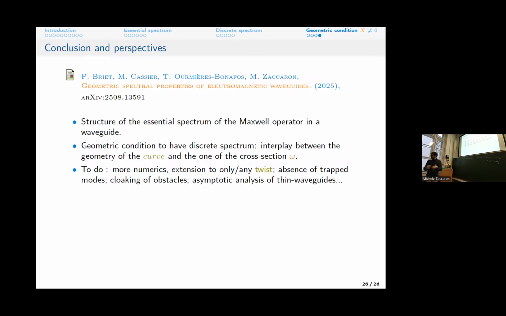And you want to see if there exists an effective operator at the limit. So a 1D operator may be easier to analyze, to know its spectrum. Maybe this gives us information about existence, localization, and nature of the eigenvalues of Maxwell eigenvalues in electromagnetic waves with a very, very thin cross section. And so I finish here.